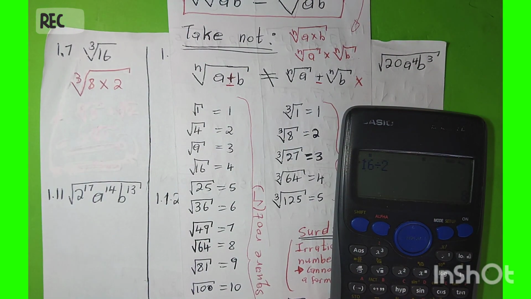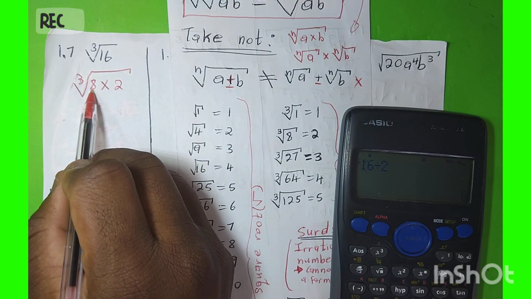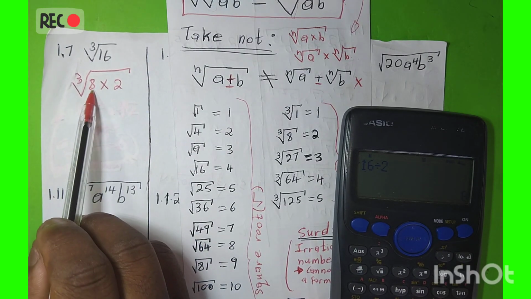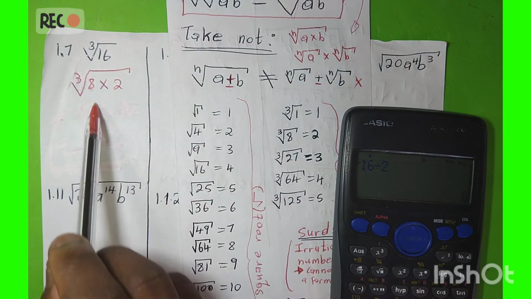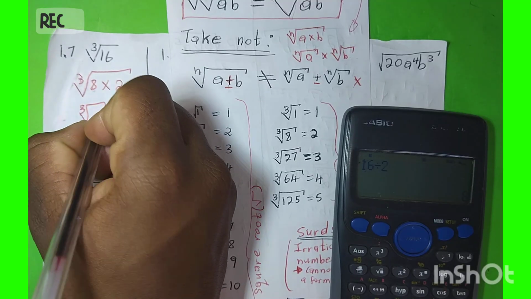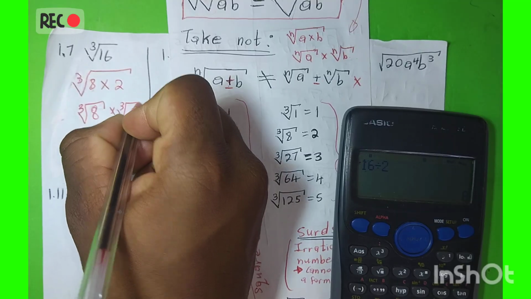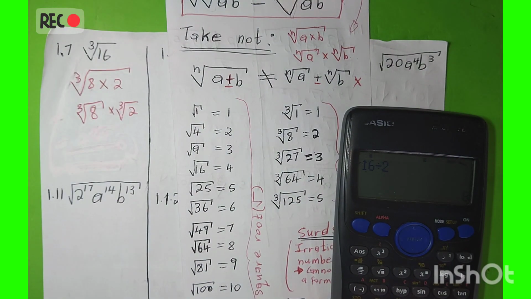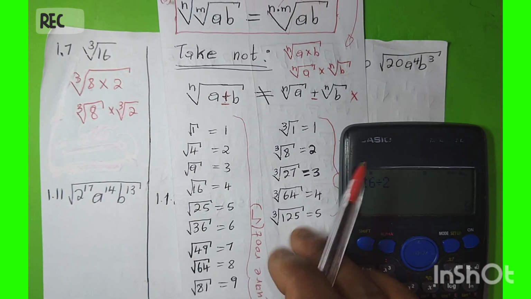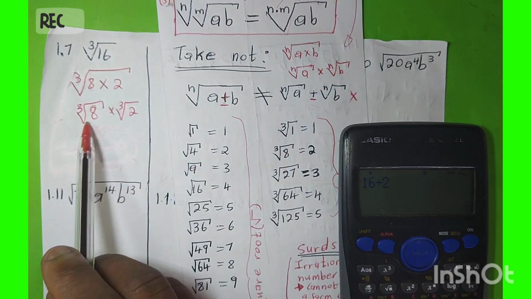Because when you multiply them, they still give you 16, but there you just introduced a perfect cube, which is that 8. You can write it as the cube root of 8 multiplied by the cube root of 2. Here you have applied that law, breaking down the cube root like this.